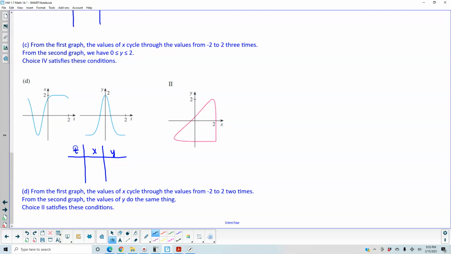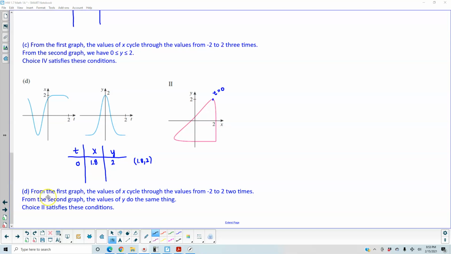If we look at when t is equal to 0, for x it's approximately about 1.8, and then for y it's at 2. So the ordered pair is 1.8 and then 2, which is right about around here. So that's where t is equal to 0.